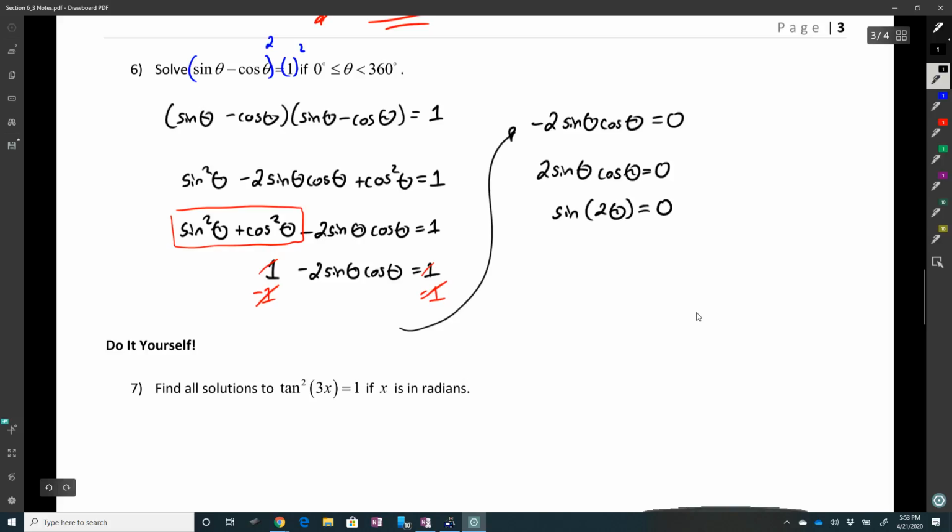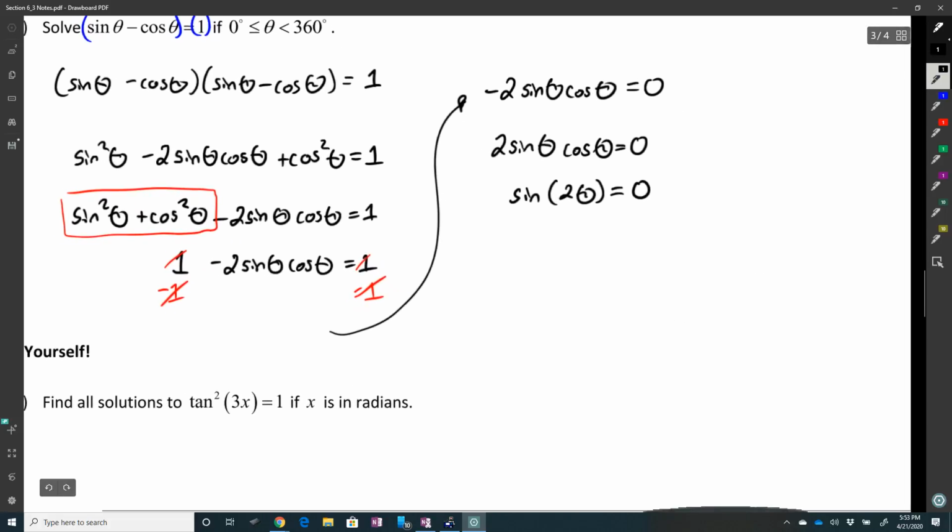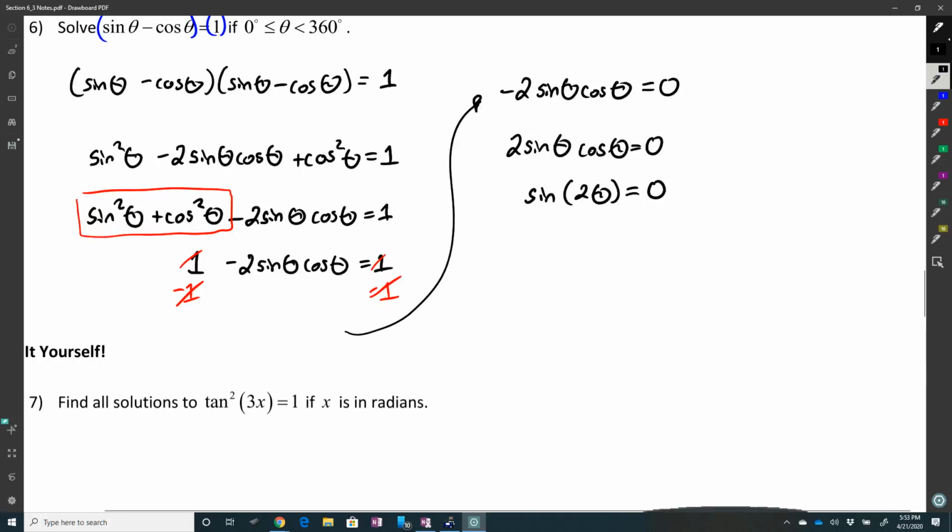So I had a little bit of algebra involved, a little bit of trig substitutions, making things work, but we actually have our answer. And when does sine equal 0? Well, sine is the y value. My y value is 0 here and here. So 0 degrees, 180 degrees, back to 0 degrees.